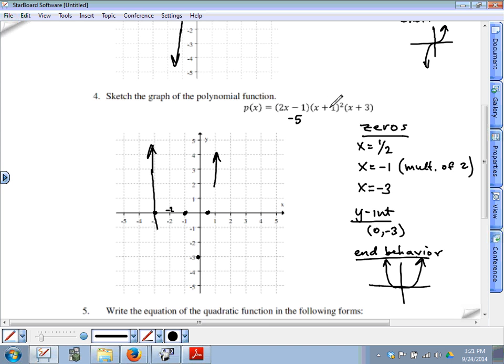Negative 2 plus 1 is negative 1, but negative 1 squared is 1. Negative 2 plus 3 is 1. So it appears the graph is all the way down to negative 5 when x is negative 2. So it goes to negative 5, comes up to negative 1. Since this has an even multiplicity, it bounces off, comes through the y-axis, crosses through that one, connects up here.